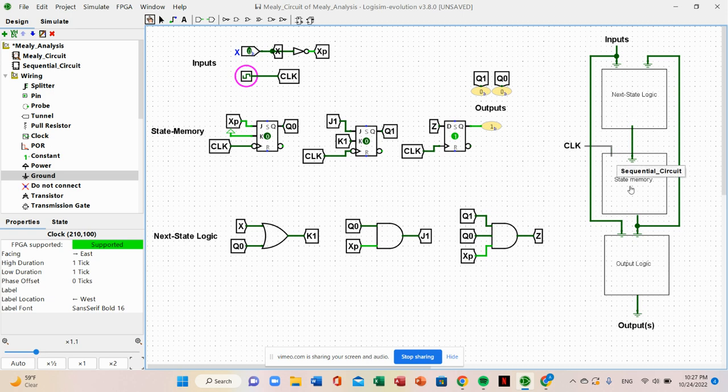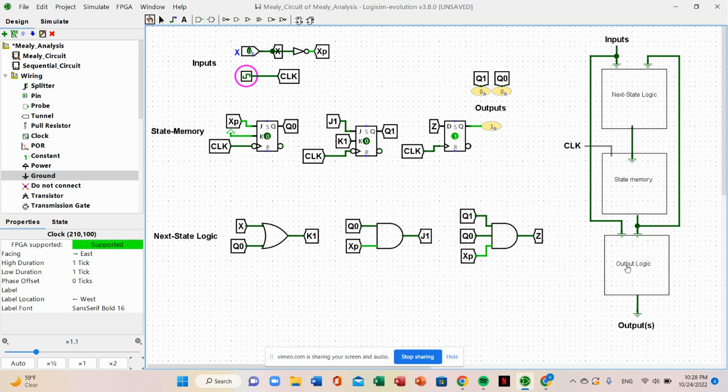And then next we have our state memory, which are our combinational circuits which decide which instructions to send to the state memory. And then we have our feedback loop, but in this case, this side would be a Moore sequential circuit, and this would be a Mealy sequential circuit right here.